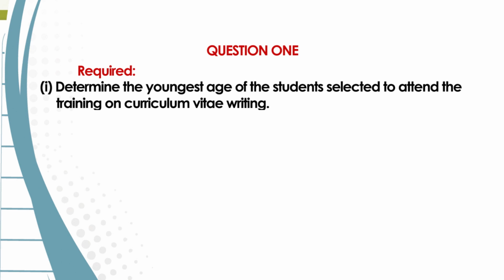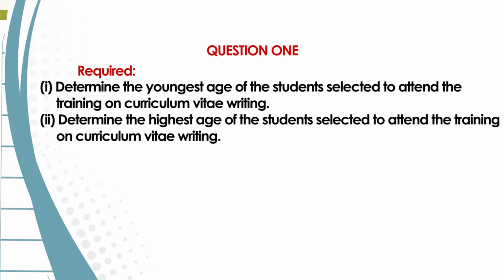Determine the youngest age of the students selected to attend the training of curriculum vitae writing, 4 marks there. Roman 2, determine the highest age of the students selected to attend the training of curriculum vitae writing. Again, you are awarded 4 marks there.